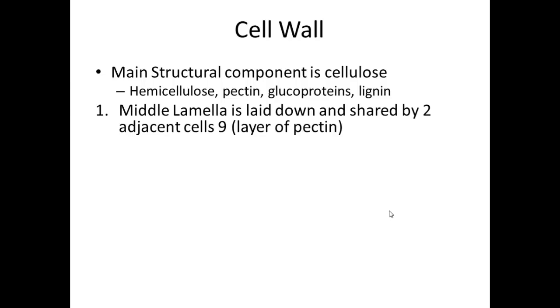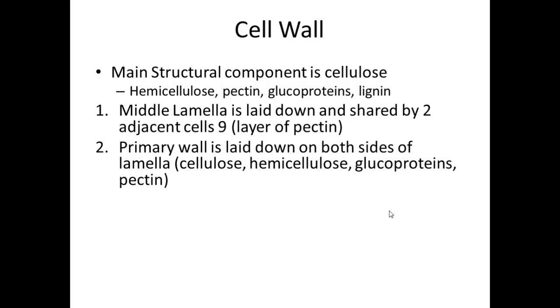There is a structure within the forming of a cell wall called the middle lamella. It is laid down first and is shared by two adjacent cells. It has basically a layer of pectin. And then the primary wall is laid down on both sides of the lamella, and it is made of cellulose, hemicellulose, and glycoproteins, and another component of pectin.